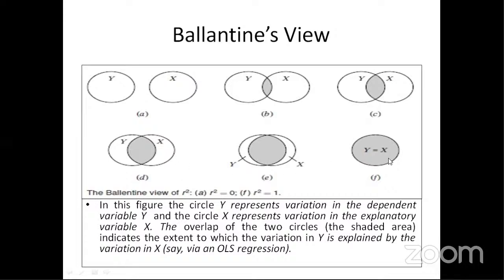Then why not Y is equal to X? But if Y is X and X is Y, we are done in mathematics. They are both the same. It means that you will have a serious problem of multicollinearity.